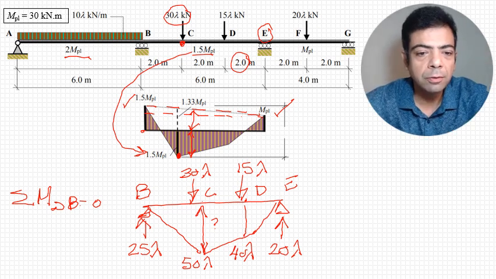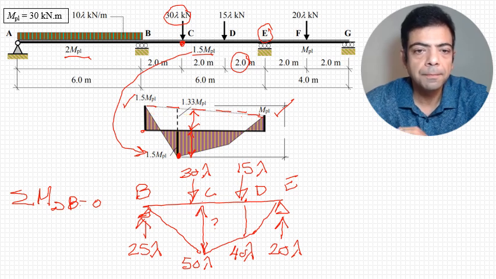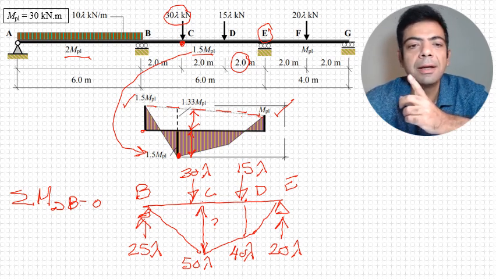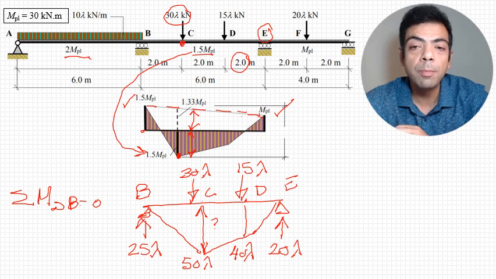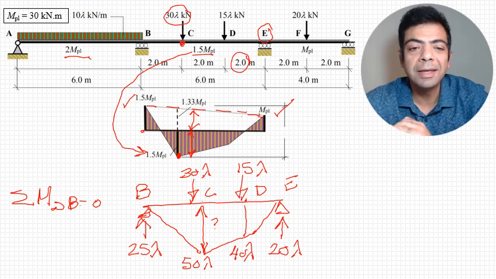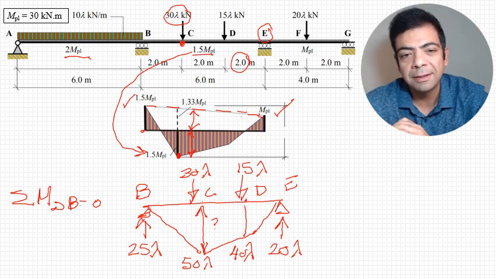So when we do the math, we'll realize that the distance from the beam to the dotted line at C is 1.3 M plastic, and from the beam to the positive maximum is 1.5 M plastic.